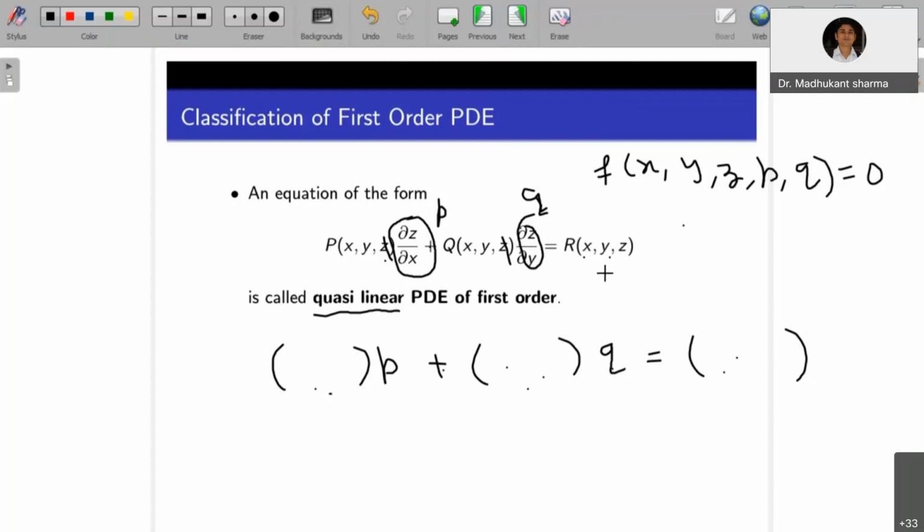That is the definition of an almost linear PDE. Now to make it fully linear, what is required? You have to focus on the right hand side.